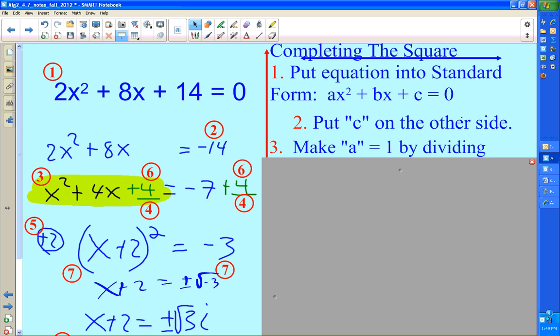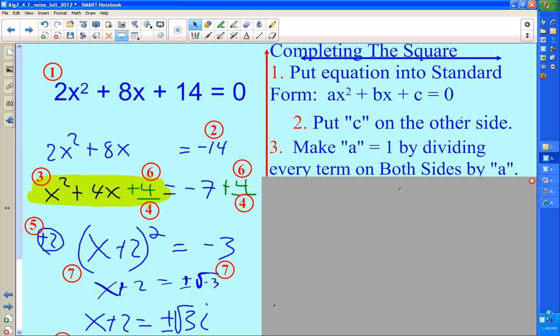To make A equal to 1, you divide both sides by A. Sometimes A will already be a 1, but in this case it's not. So I divided everybody on both sides by 2. Sometimes you end up with a fraction, and you'll need to practice some of those. Right? So we end up with x squared plus 4x.